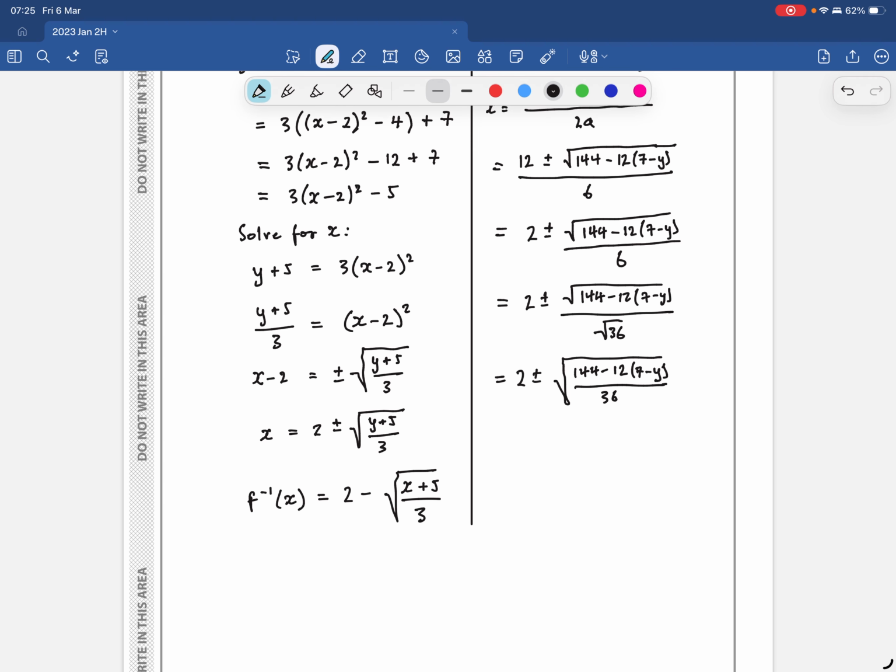Right, so looking here at this term on the inside, I can divide a lot of stuff by 12 here, I think. So I'm going to do that.